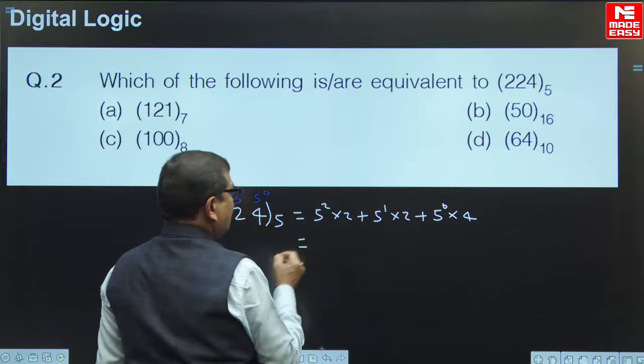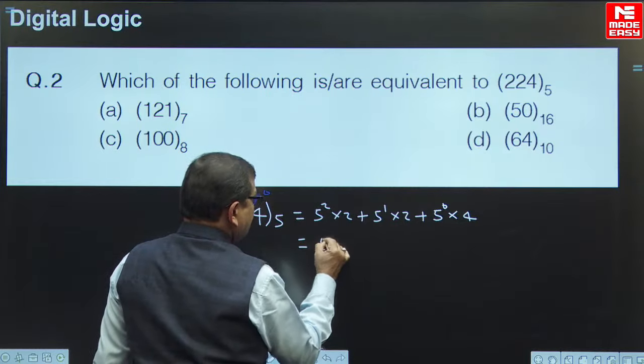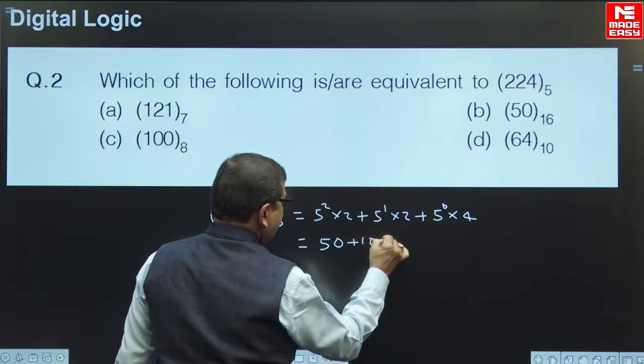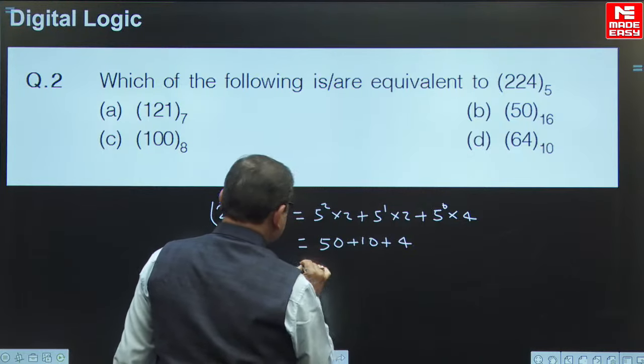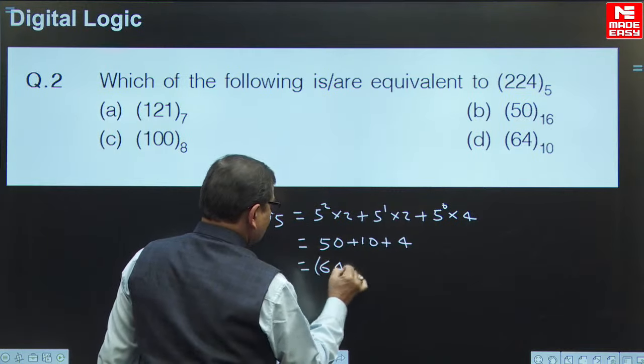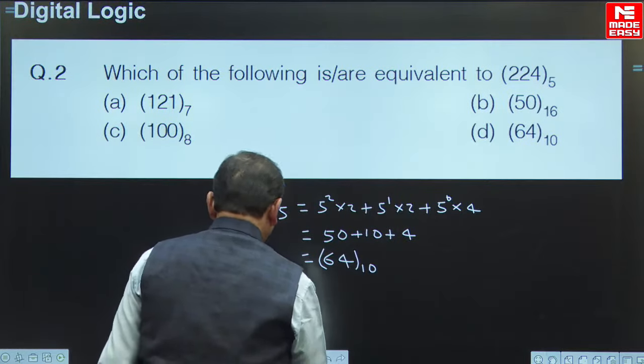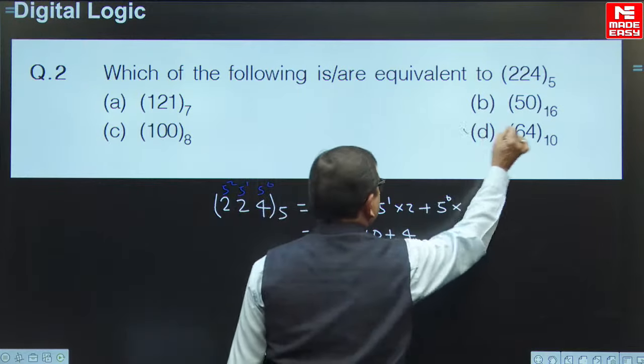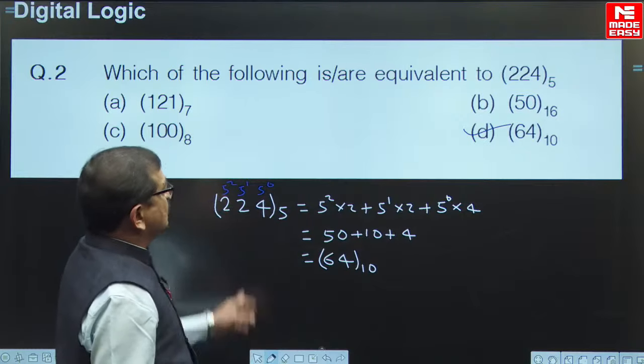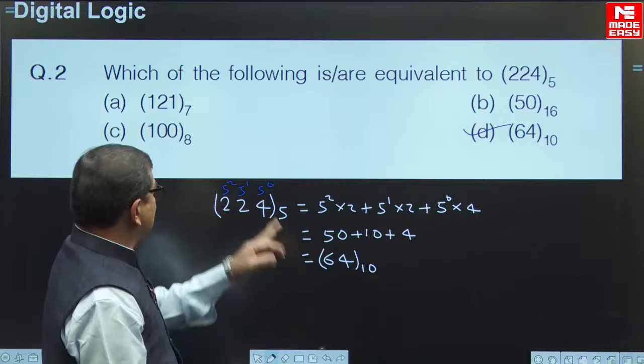If you work it out, this is 50, 10, 4, so the decimal value is 64. So option D is true. It is mentioned as equivalent, so it is true.